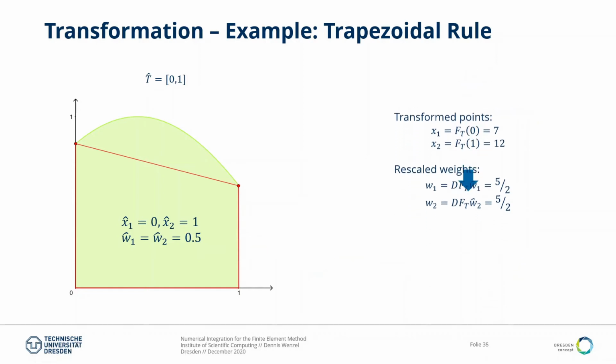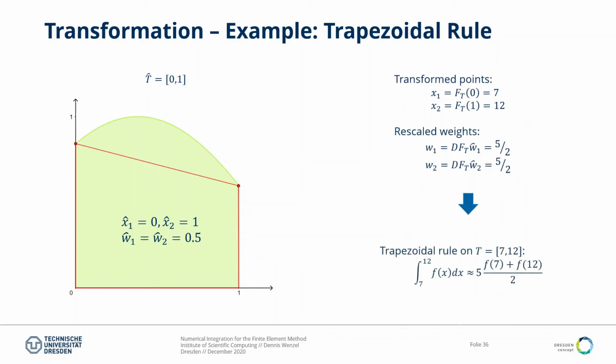And so my trapezoidal rule on the interval from 7 to 12 is simply given by that average of the two boundary point values times the number 5 for the width of the interval. That's also what the classical writing for the trapezoidal rule is.